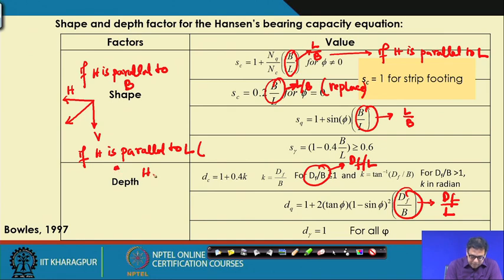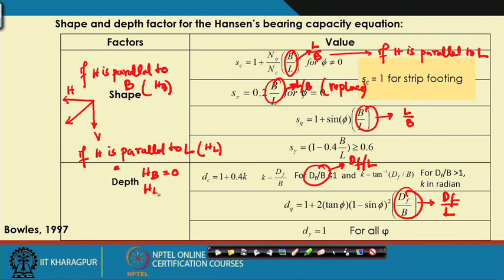Even if there are two components, H B, which means H parallel to B, and H L, which means H parallel to L, then even if H B is equal to 0 and H L is equal to H, we still have to do this correction.